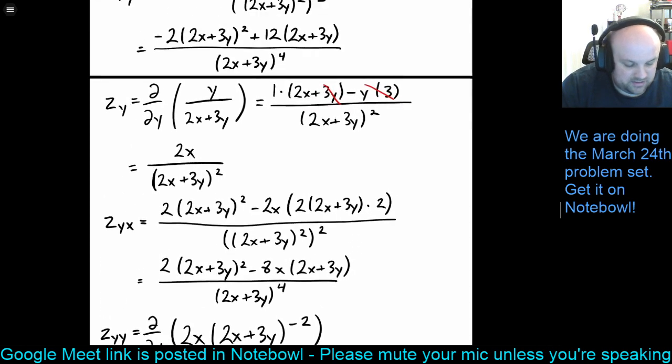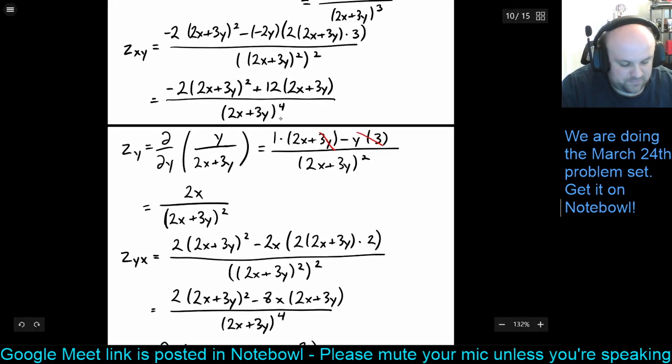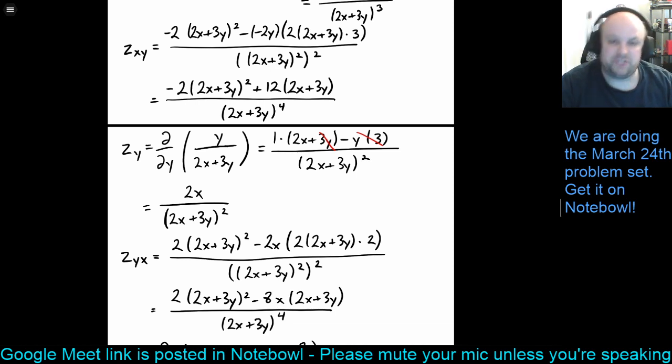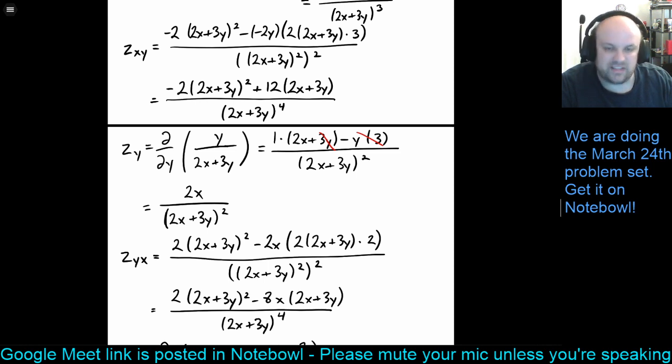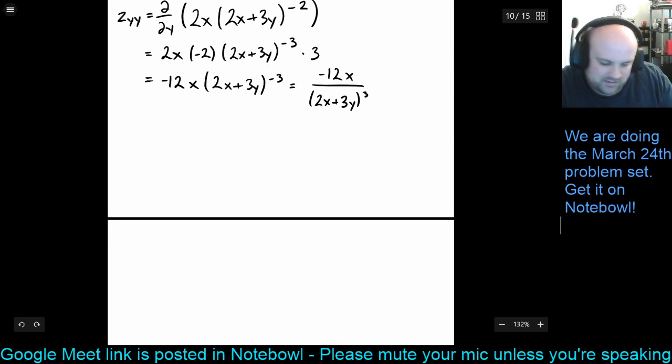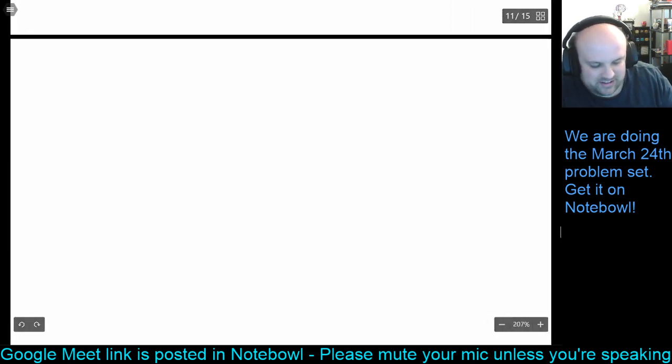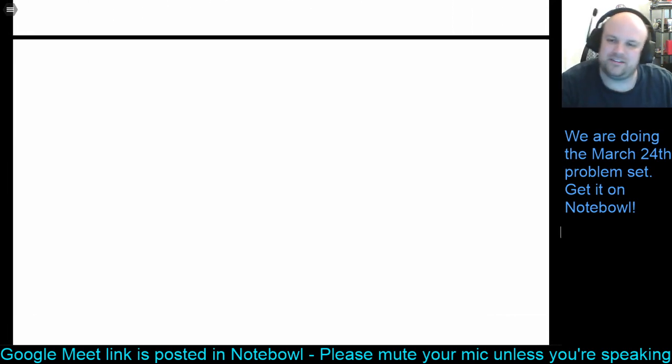The two mixed ones have this fourth power on the bottom, but if you really want to factor and simplify as much as possible, you can factor out this 2x + 3y on the top and cancel one of these on the bottom. So they're all third power on the bottom if you want. Again, it's just a technicality, a nicety. No reason you have to do it.